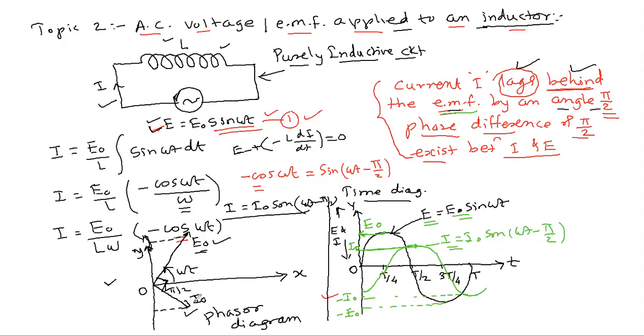You can remember it either way, whichever is convenient. In terms of current, say the current lags behind the EMF by pi by 2, since in the equation of the current you get the negative sign. In terms of the EMF, you can say the EMF leads the current by an angle of pi by 2.